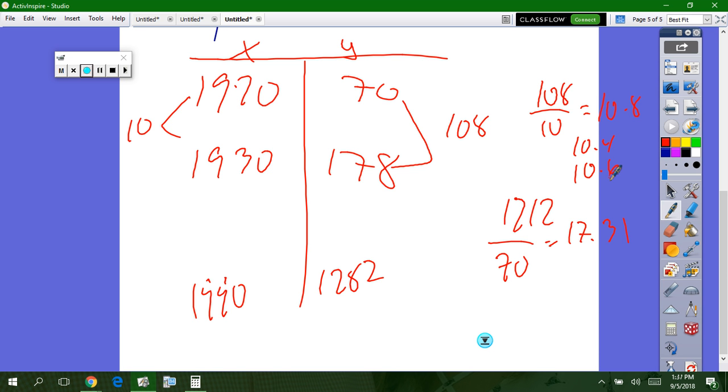Because it's really just a little bit off, but in general, it's working, right? To understand, sometimes your data is not going to be right on in a real world problem. But does it have similarities to a linear equation? Sure. But 10.8 to 17, that's too much to really say that it's the same constant rate of change, or average rate of change. A little too much. So you really couldn't say that.